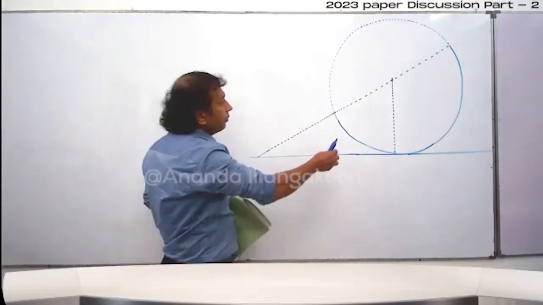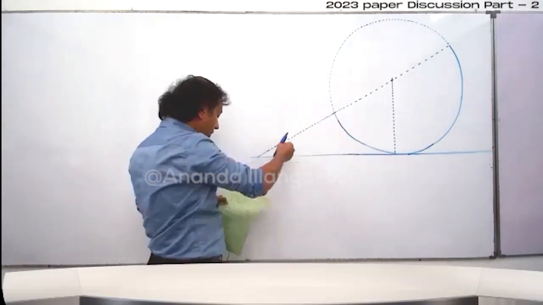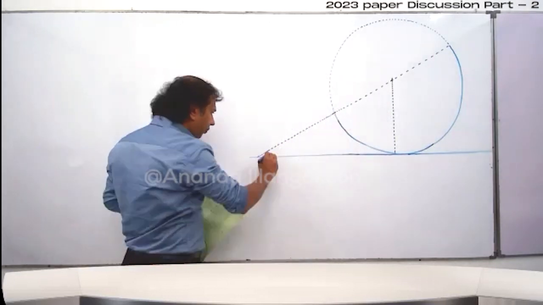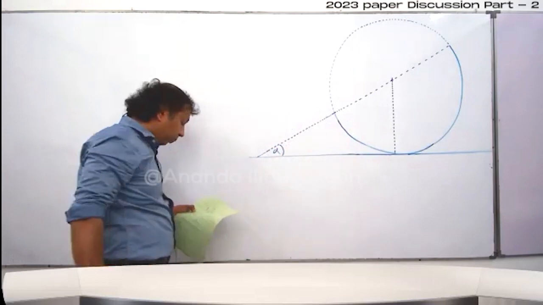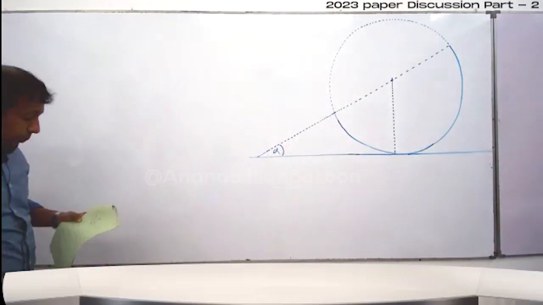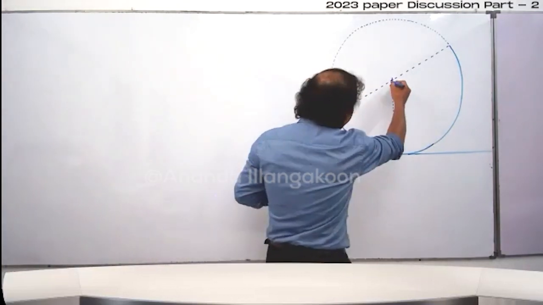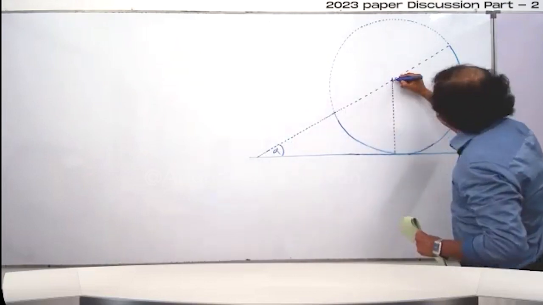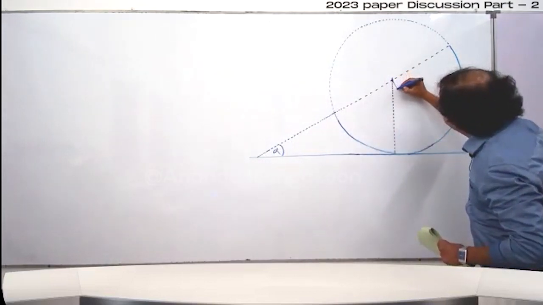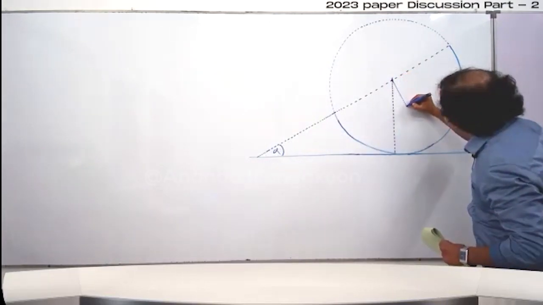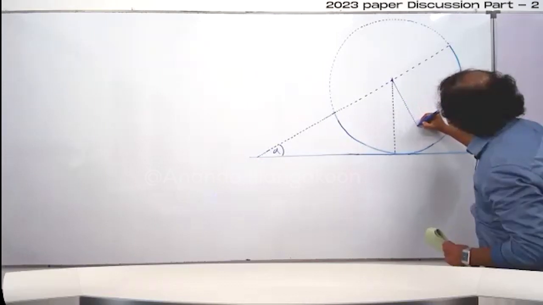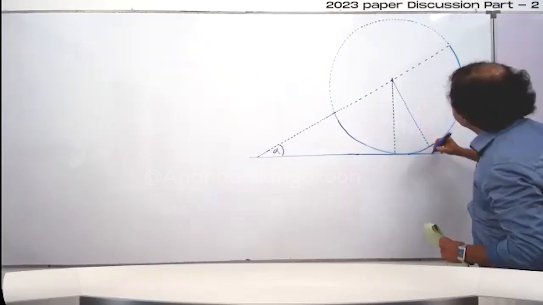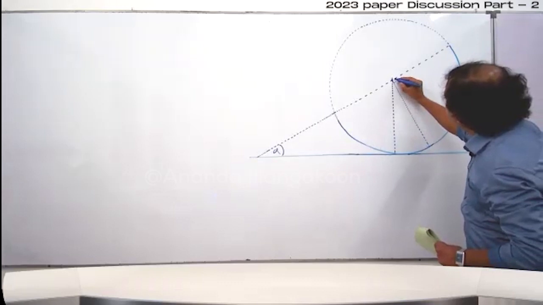This line is the base of the ball. We are given that it makes an angle alpha. This is the radius, which I'm drawing perpendicular to this base.